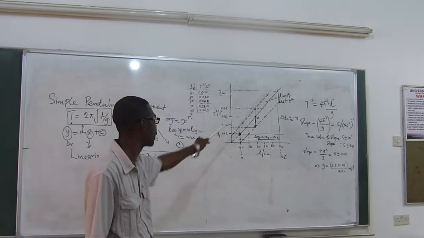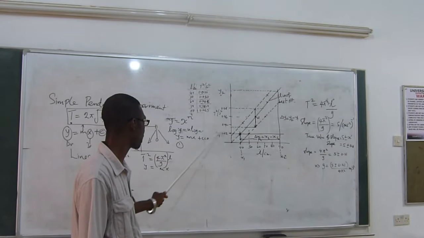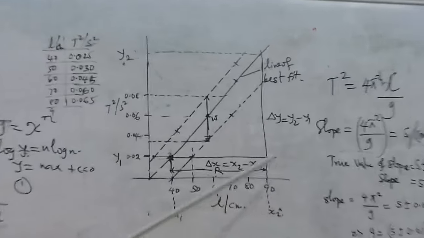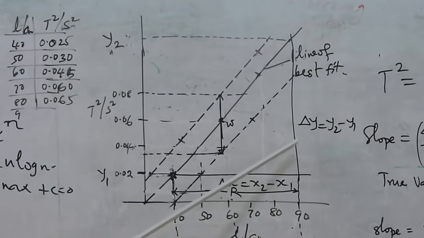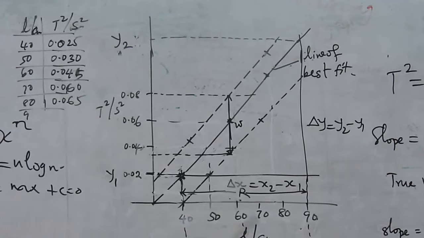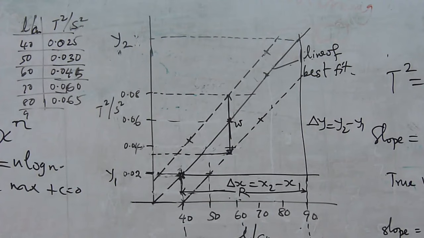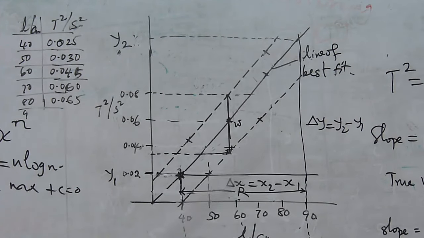So this is my y2, this is my y1, this is my x1, this is my x2. I can find my slope. Slope is equal to delta y over delta x. Alright. So with that you can find a slope, of course, you know that.